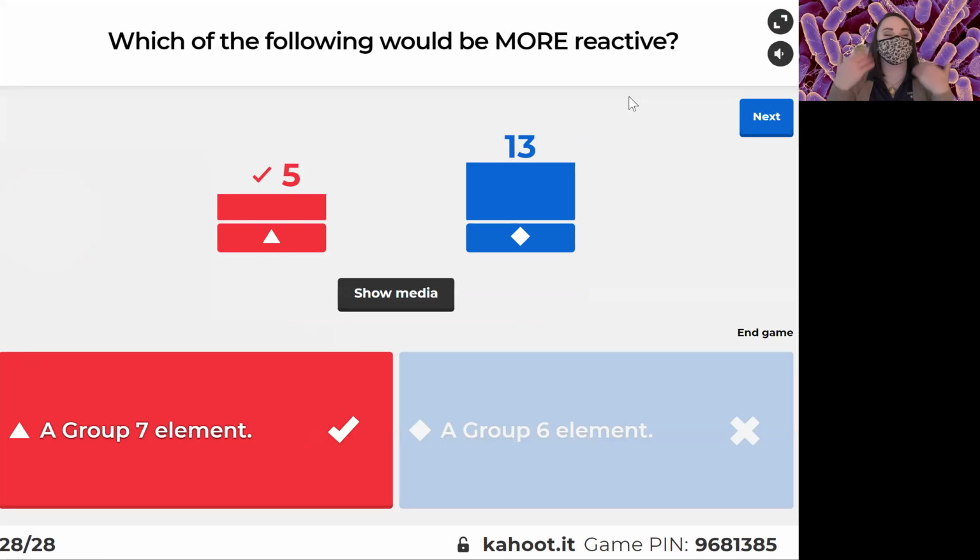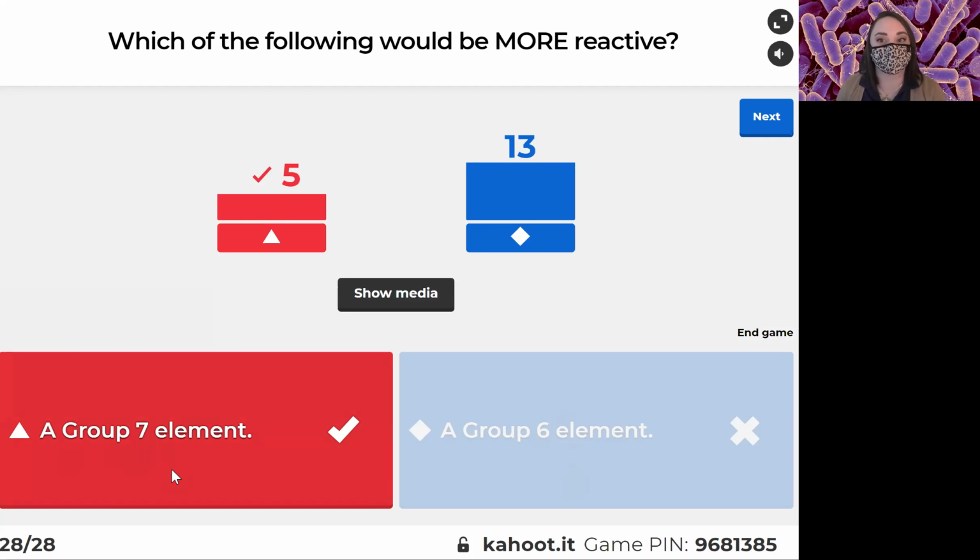Okay, so again, opposite thinking of the metals. We want them to be small, but we don't think we have few to get rid of. Now we want just a few to gain. So a group 6 element has to gain 2 valence electrons, where a group 7 element has to only gain 1 to get to 8.